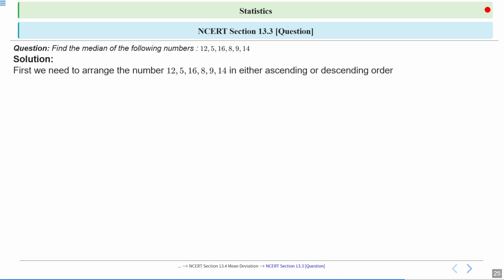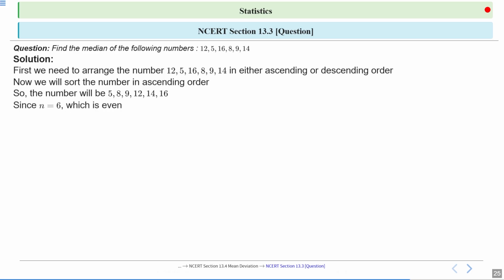First, we need to arrange the numbers in either ascending or descending order. Now, we will sort the numbers in ascending order. So the numbers will be 5, 8, 9, 12, 14, 16.